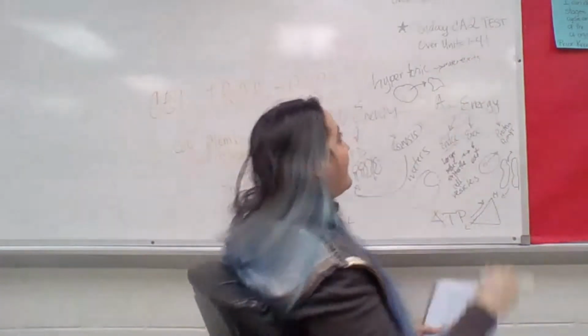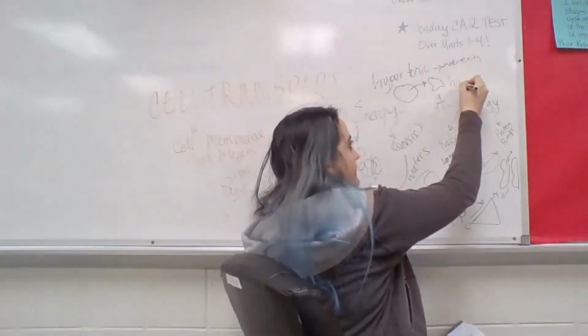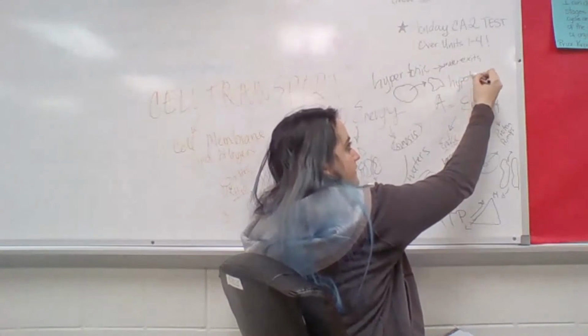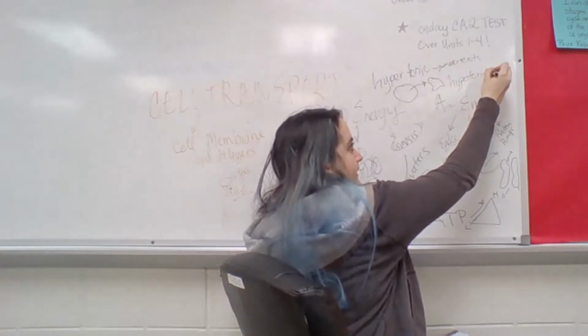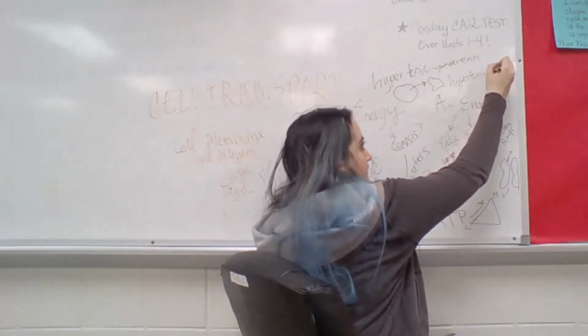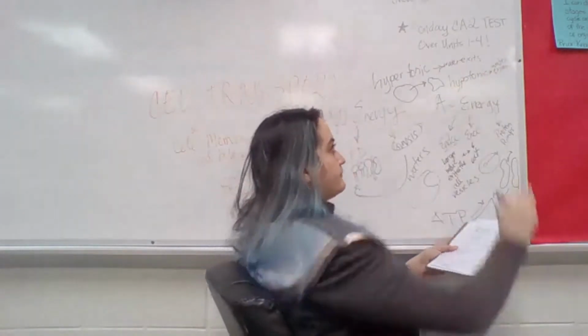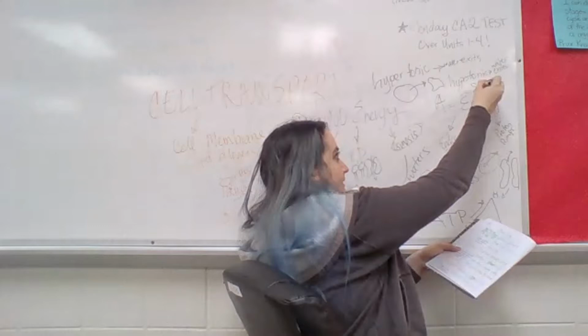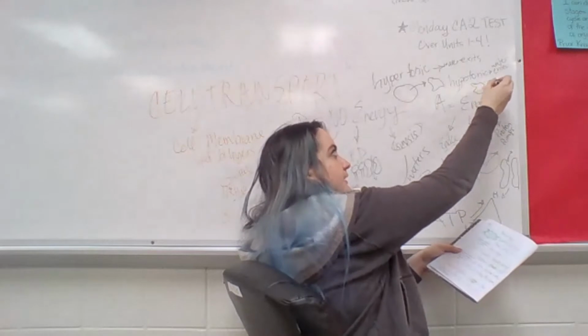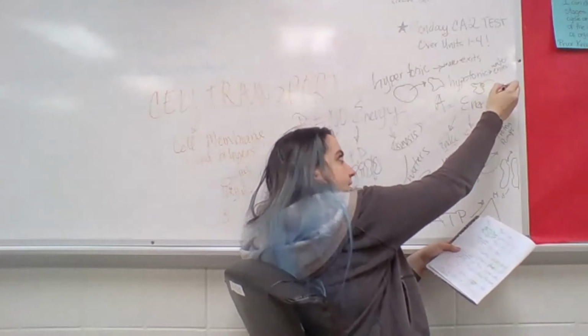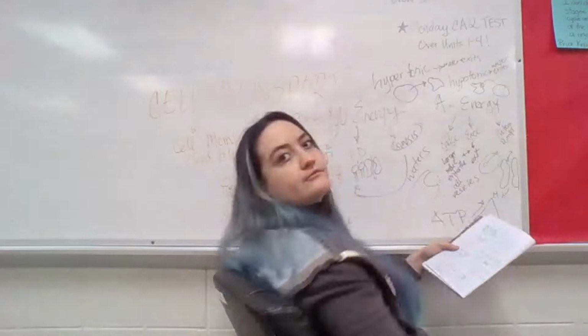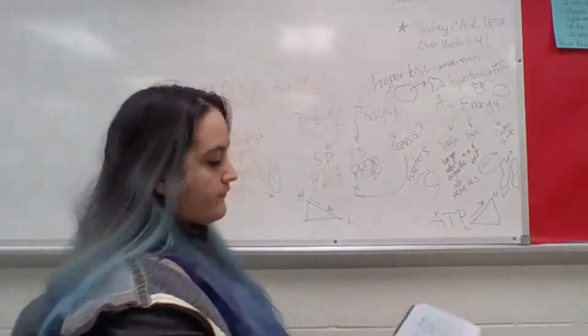Now, in hypotonic, it's the opposite. Water's going to enter. For that water to enter, then it means the cell was a little smaller first. And after we put water in the cell, it's going to get a little larger. So it's going to grow.